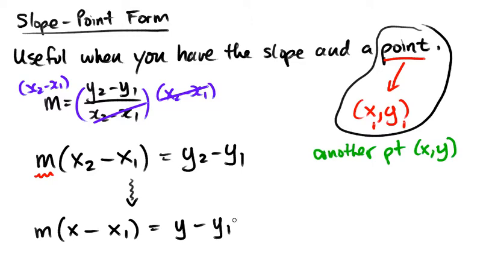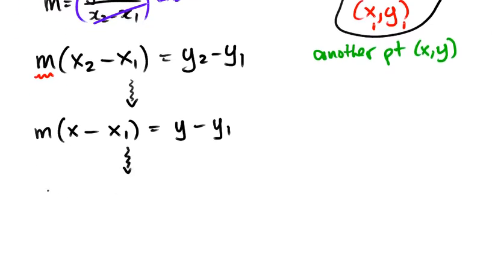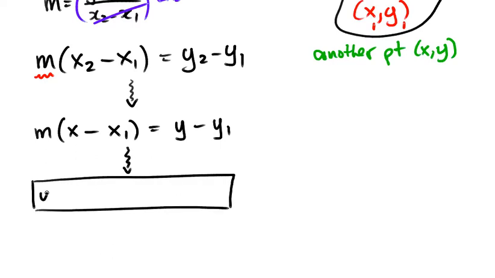And we can use this to quite quickly get the equation of a line, as long as you know this basic equation. Now, this is generally written this way instead, just flipping it around: y minus y1 is equal to m times x minus x1.